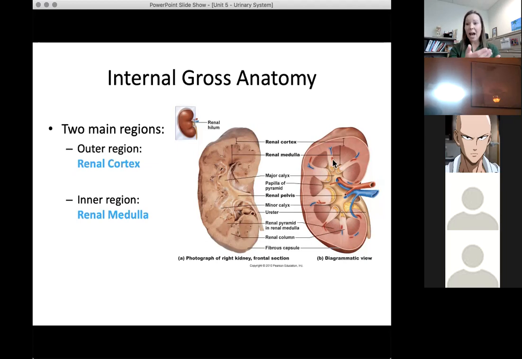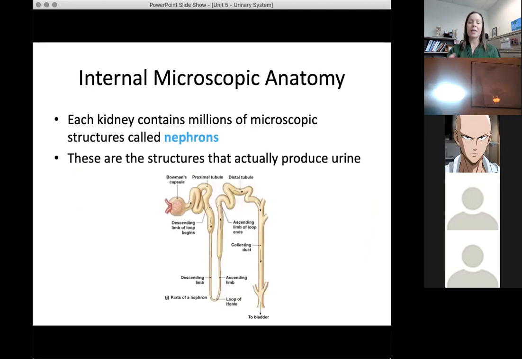If you were to dig out all of these channels, all the calyces and the renal pelvis, you would see just kind of a cavity here in the middle. So it's the cavity that contains all of the calyces plus the renal pelvis.